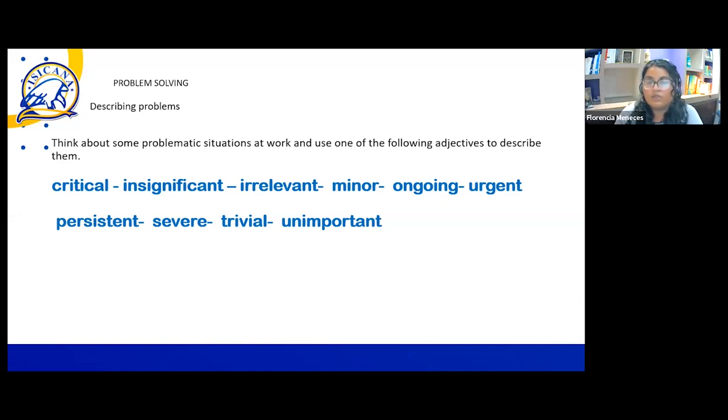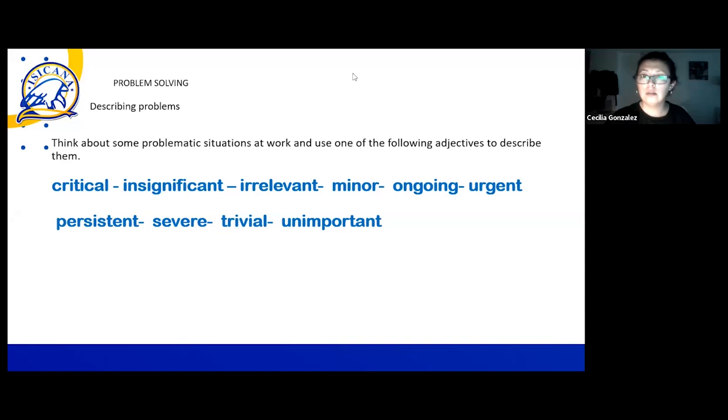The idea is that you can use this vocabulary in order to present these problematic situations that we were reviewing last class. Is there any that you don't know the meaning of? Ongoing.